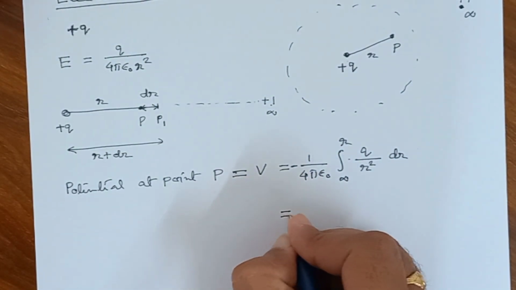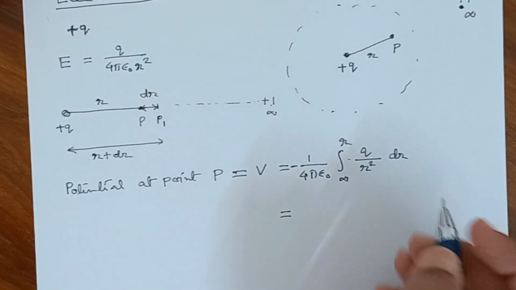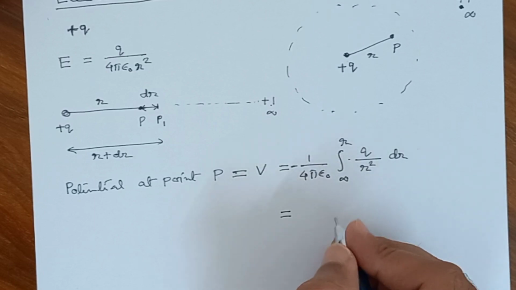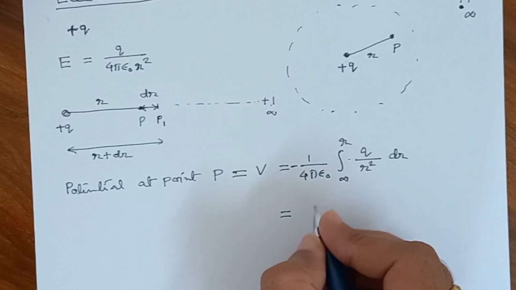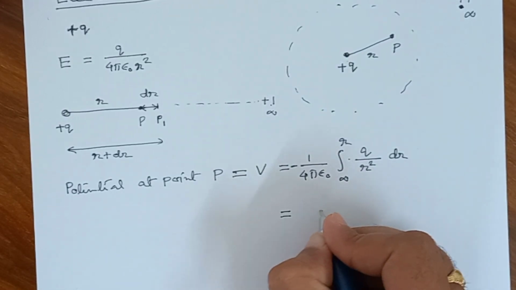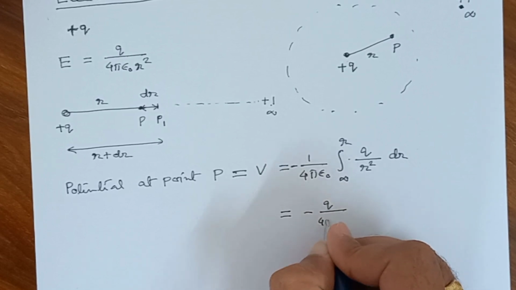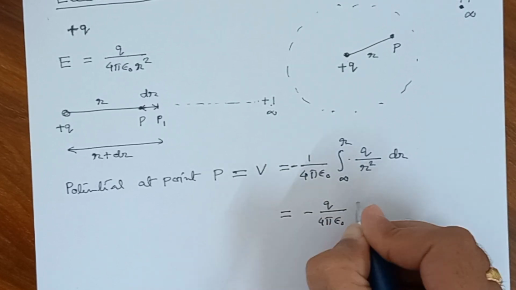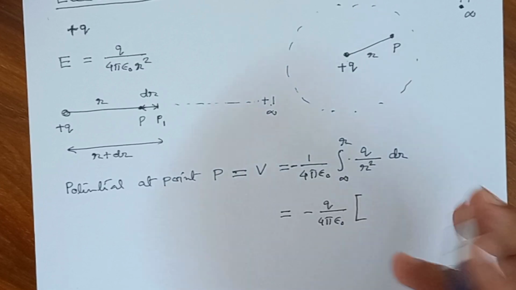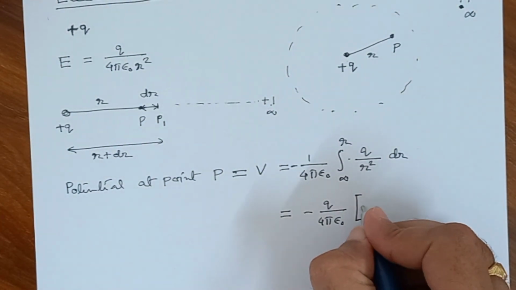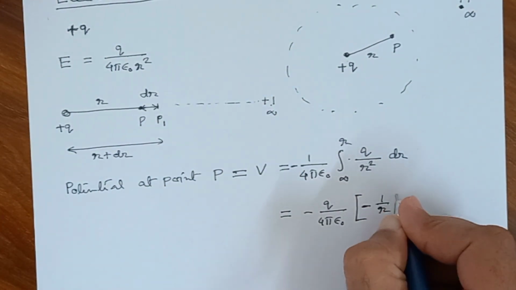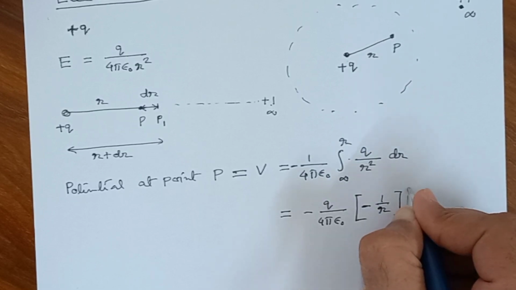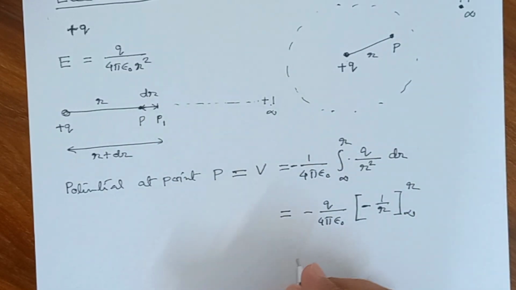Therefore, if we calculate this integration, then it will be minus Q/(4 pi epsilon 0) times minus 1/r from infinity to r.